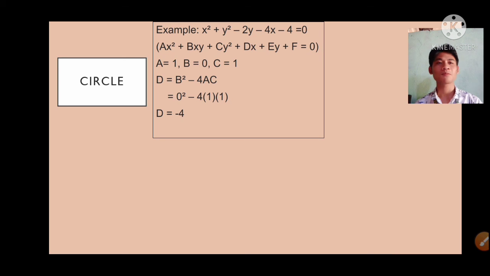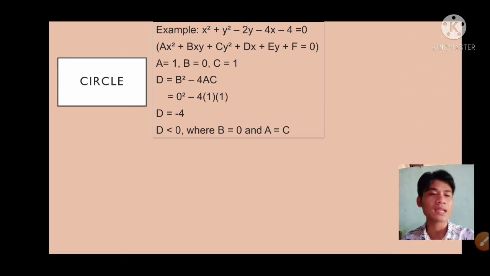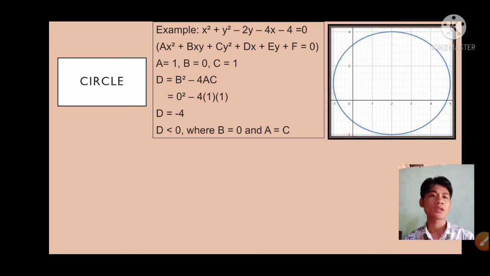That is understood as our discriminant being less than 0, where, as you observe in the values of a, b, and c, b is equal to 0 and a is equal to c, then it is a circle, since the value of our a is equal to the value of our c. So if we graph that given equation here, it would look like this, the same using the Geogebra app.